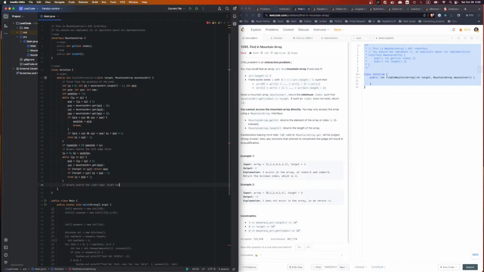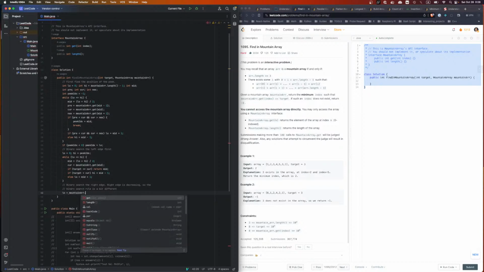Now right edge is decreasing. So the binary search rule is a bit different. Okay, so again, low will equal to, I mean, we can, right? We can just swap the idea. So low equal to mountain array dot length minus 1, all right?